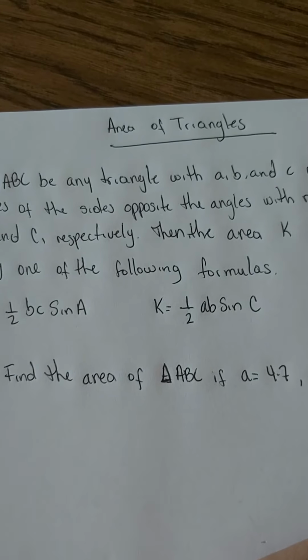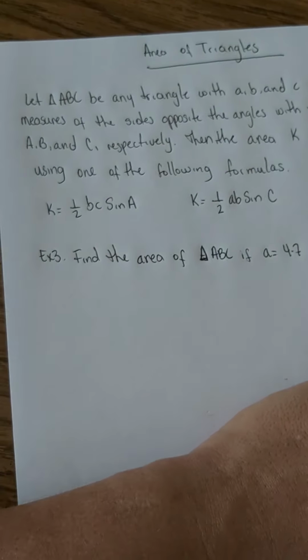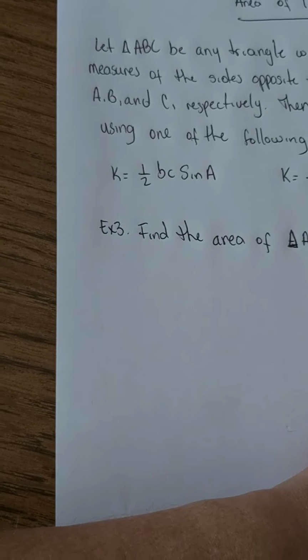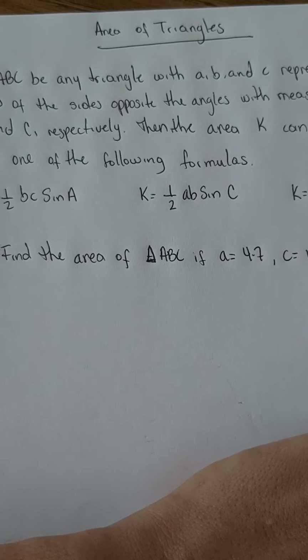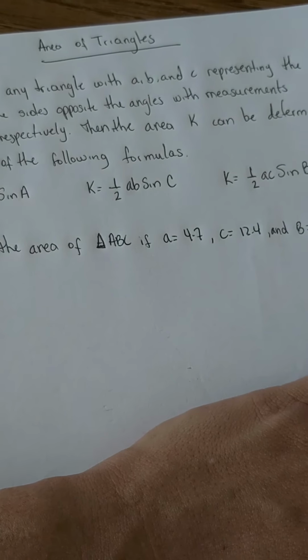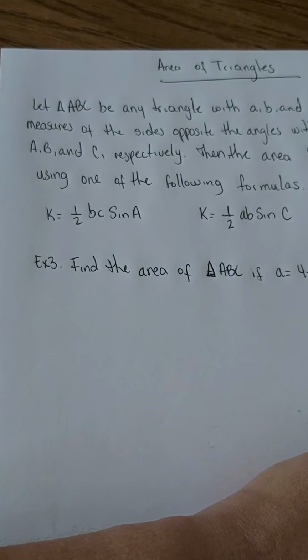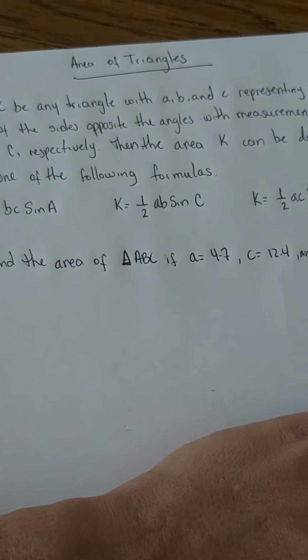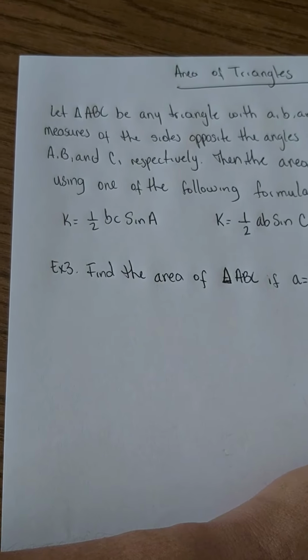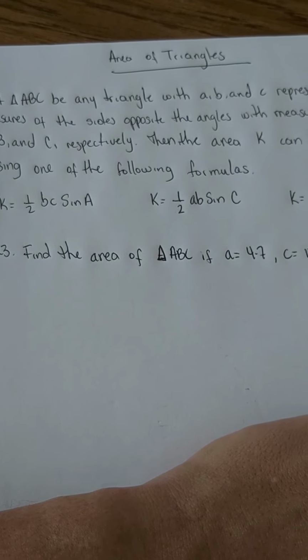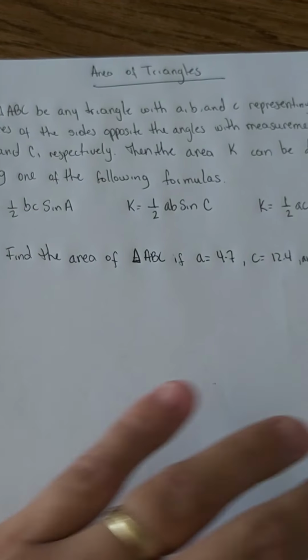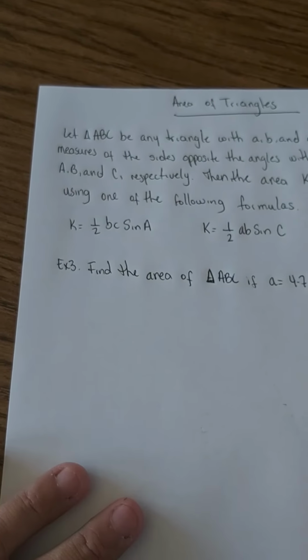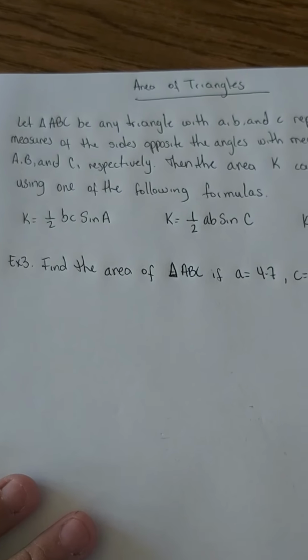Now, area of triangles. Let triangle ABC be any triangle with A, B, and C representing measures of the sides opposite the angles with measurements A, B, and C respectively. Then the area K can be determined using one of the following formulas.